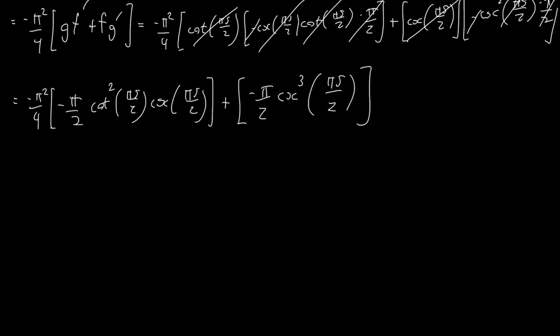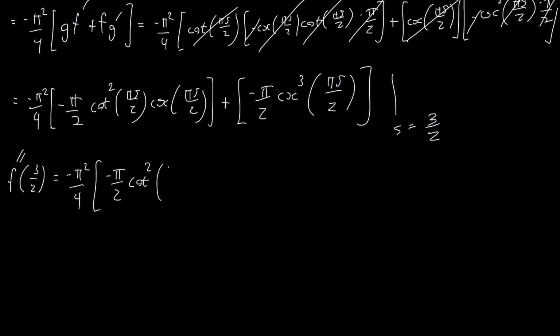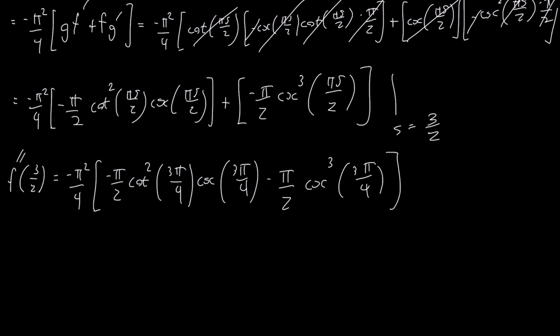And we're interested in the case when s is equal to 3/2. So if we plug in s equals 3/2, we have the f double prime of 3/2 is negative pi squared over 4, negative pi over 2, cotangent squared of 3 pi over 4, times the cosecant of 3 pi over 4, and we'll have a minus pi over 2 cosecant cubed of 3 pi over 4.